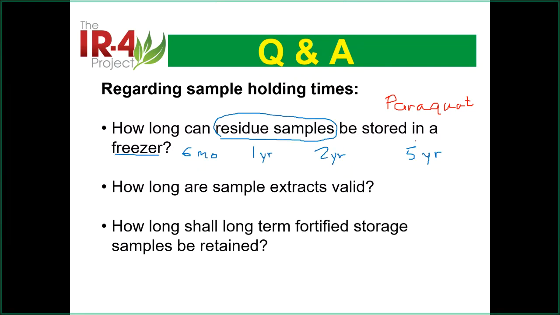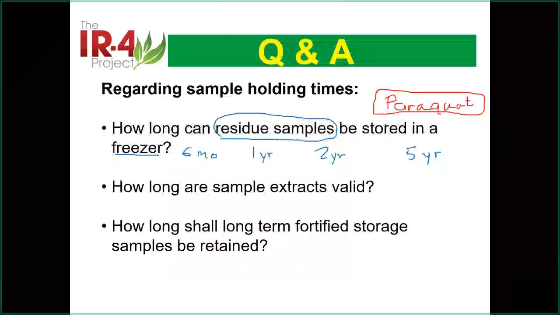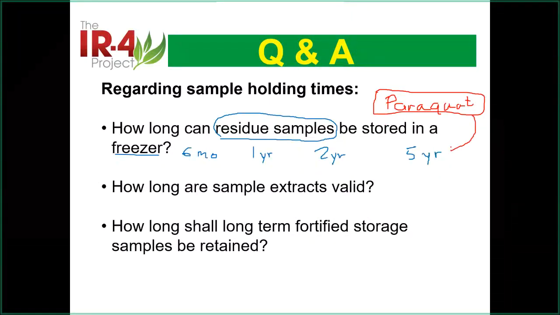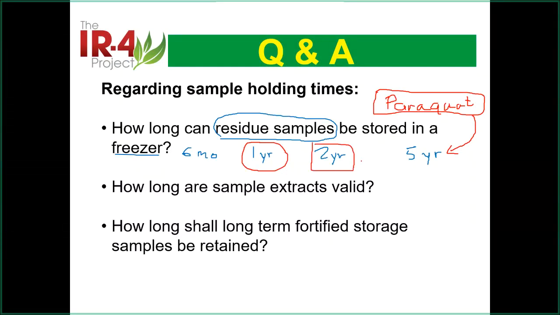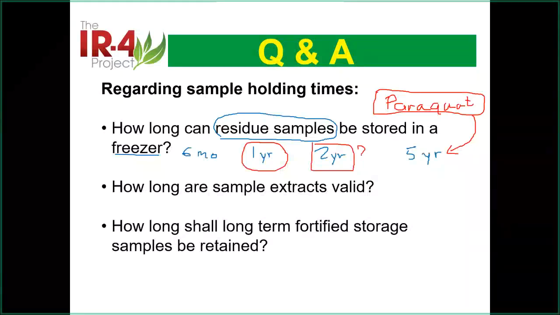If it is paraquat, diquat, a very, very stable chemical, we stored one chemical longer than 5 years, and the residue did not change. So it should say it depends. Most likely in our lab, we analyze our samples around 1 year, finishing the whole study. If it is longer than 2 years, most likely there will be a question mark.